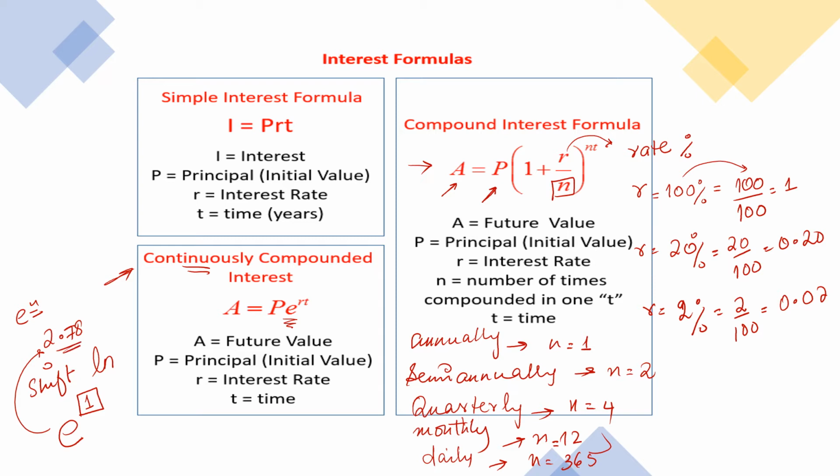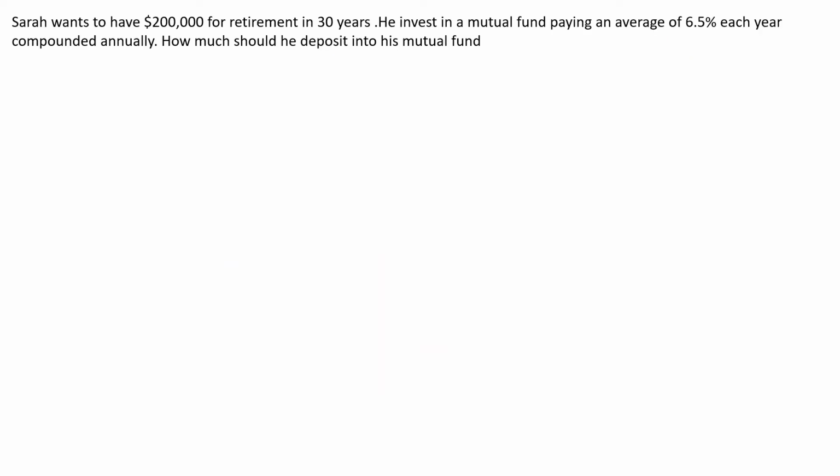Without wasting time, let's try to solve the questions which come in the SAT or the EmSAT exams. Sarah wants to have 200,000 for retirement in 30 years. She invests in a mutual fund paying an average of 6.5%.